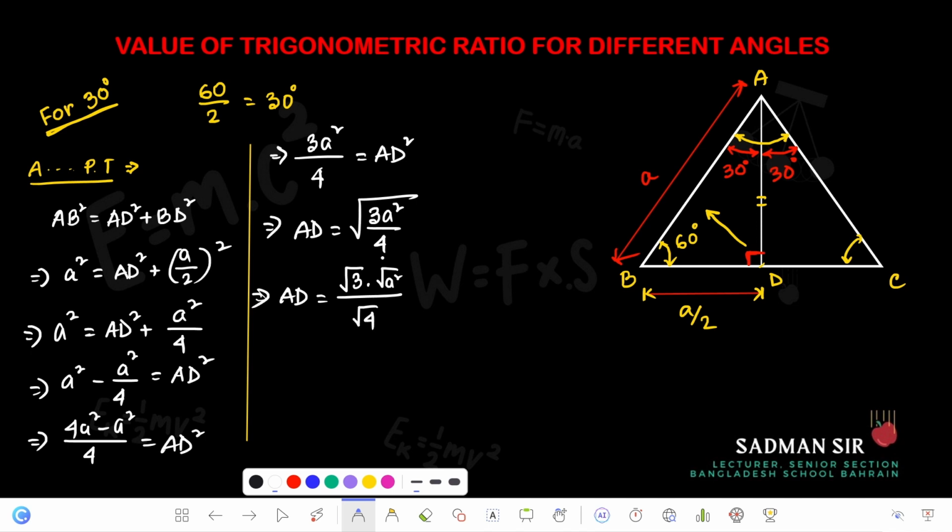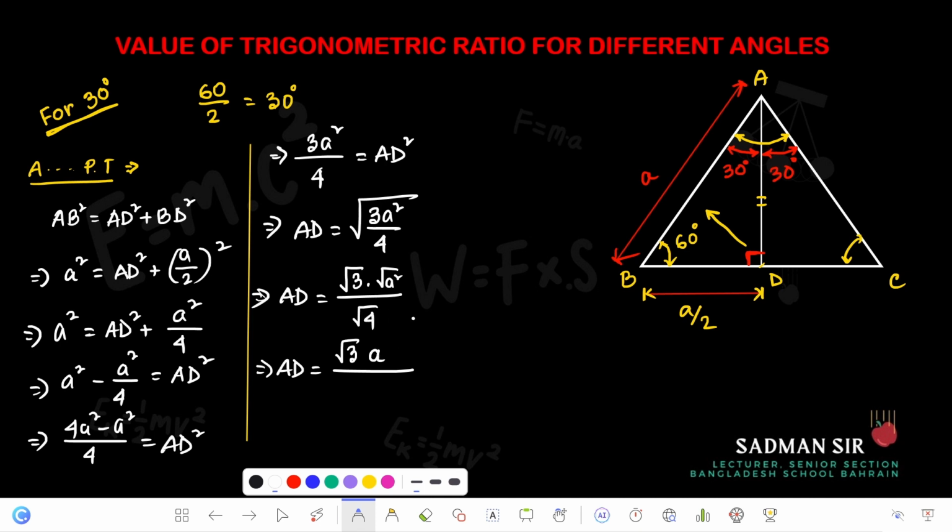Root 3, root A square, root 4. Now why do we need to do that? Because some of them have a square, so they will get out of the root. Now 3 has no square on it, so it will stay root 3 only. But the square and A will cancel each other and it will become only A.